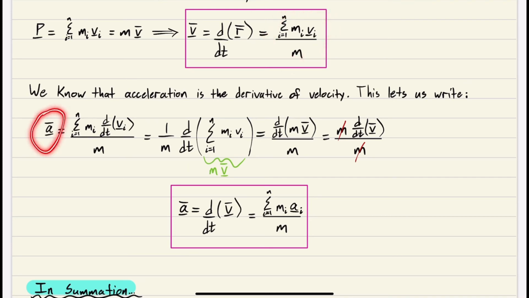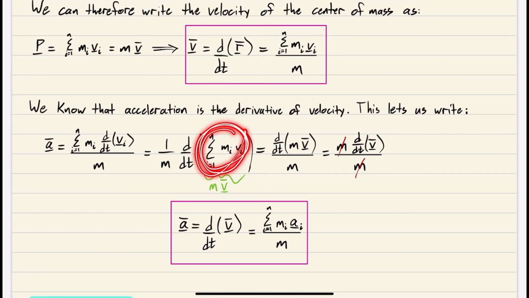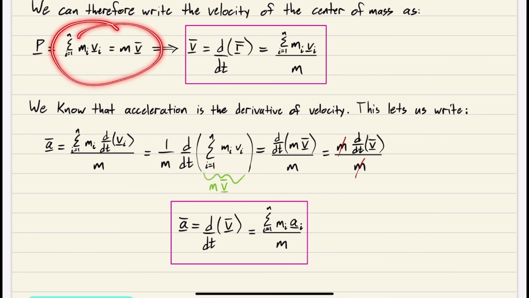Finally, we know acceleration is the derivative of velocity, so let's just take the derivative of this. So we're going to say the acceleration of the center of mass is equal to, m_i, and then we're going to take the derivative of this v term and divide by M. M is constant. We can do the same kind of trick we did above, where we can move in m_i and then take the derivative of the whole summation notation, which is what we're doing here. M is constant, that's why it's hanging out front. And we just said that this notation right here is equal to M V-bar, right? We just did that right here.